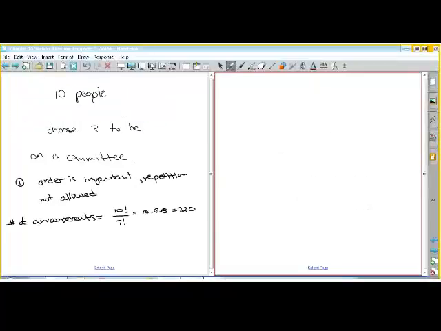So the second question is, how many ways can you arrange the 3 people?